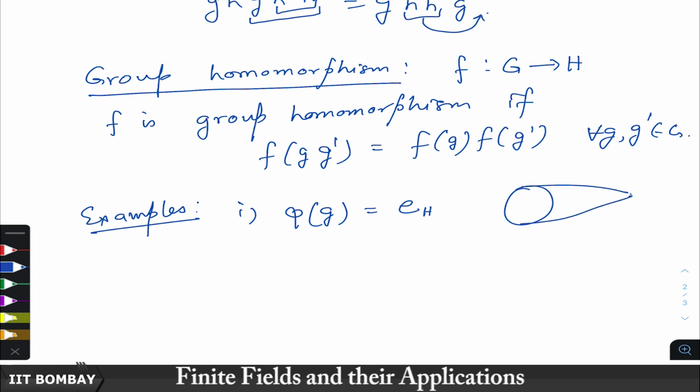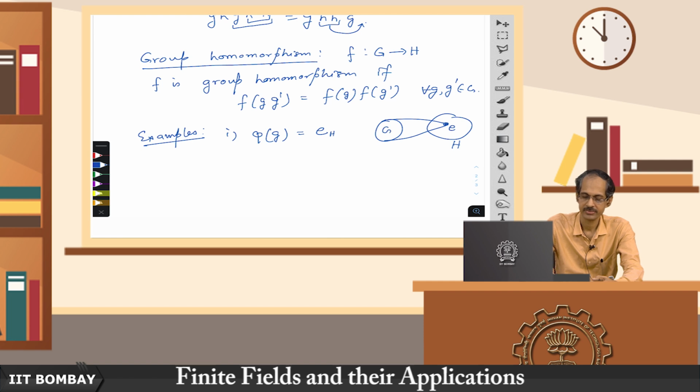All the elements go to one element e in H. Now, you can take a homomorphism from G to G where it is the identity homomorphism. So, phi of g is g itself. This is also clearly a group homomorphism.